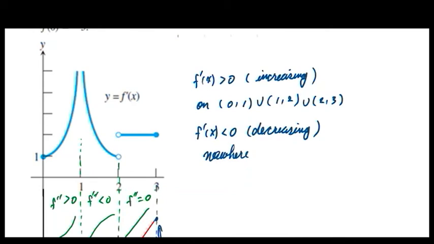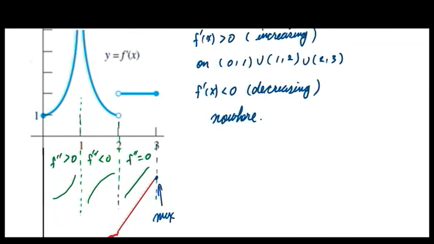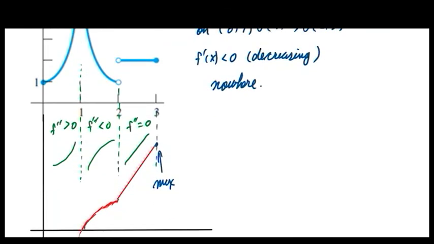Nowhere, that's first no. Let me respell it. Nowhere. How about that? Good. Which means the only max is the endpoint, eh? I mean, don't say that max men don't exist.